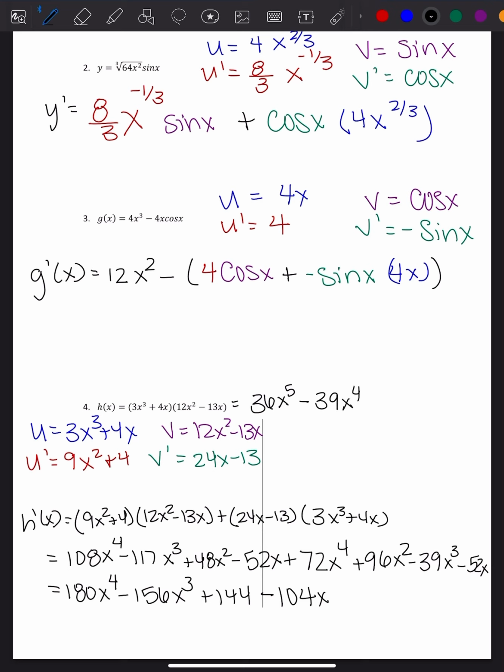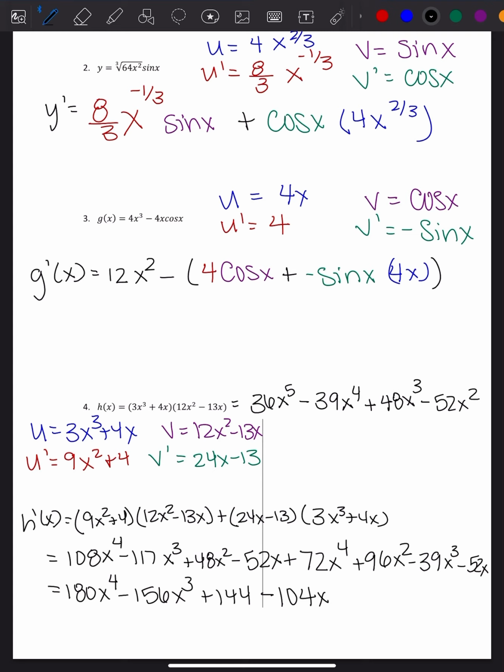We have 4x times 12x squared, so 48x to the 3rd power. And we have this last one, which should be 52x squared.